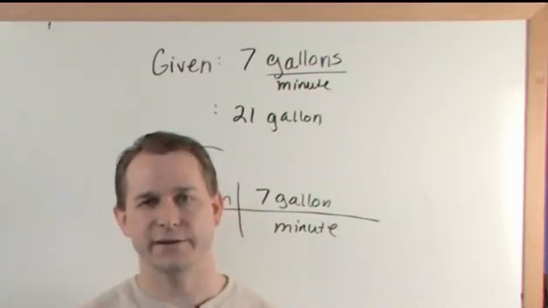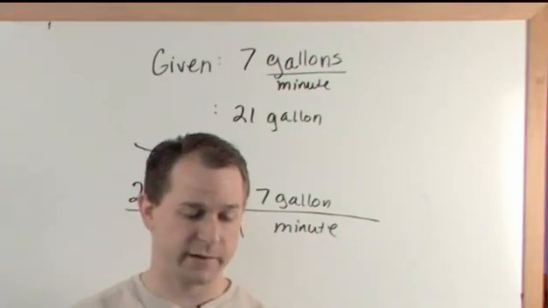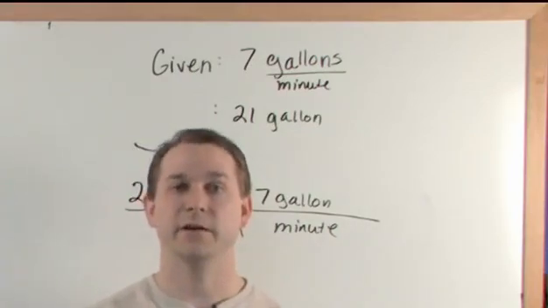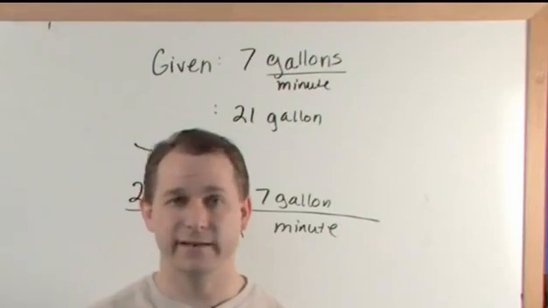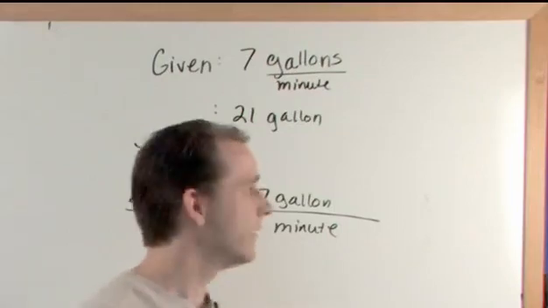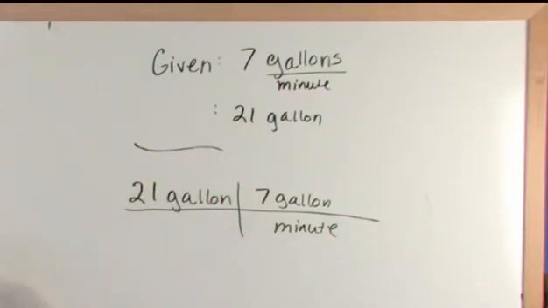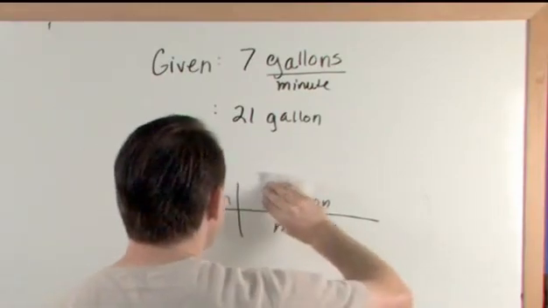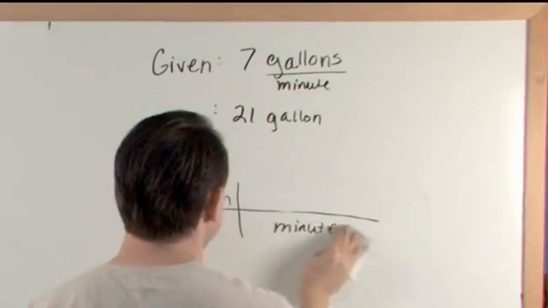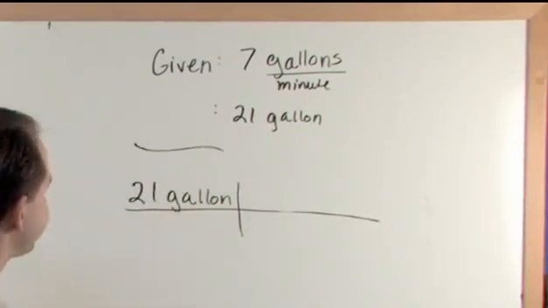You don't want gallons in your answer. You want minutes, because it says right here, how long does it take? Gallons has nothing to do with the answer. So multiplying is clearly the totally wrong thing to do. You're not going to get the right answer by multiplying, and the units tell you that. So you want to get rid of this.